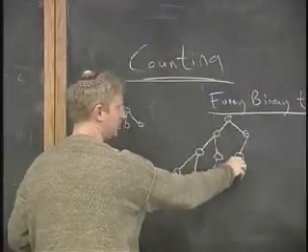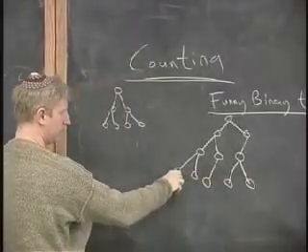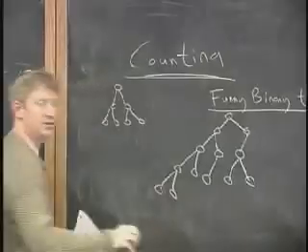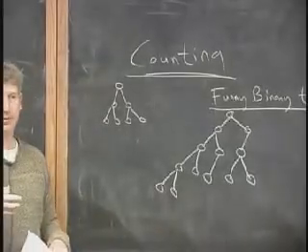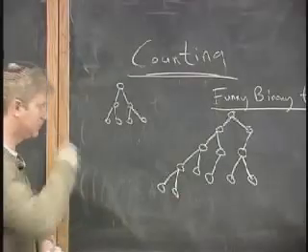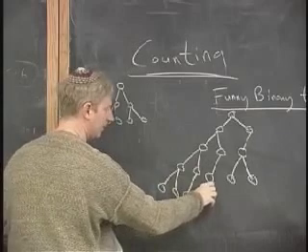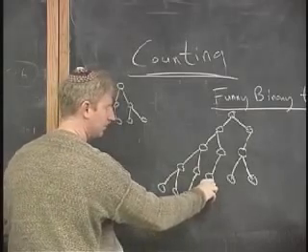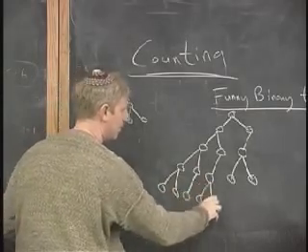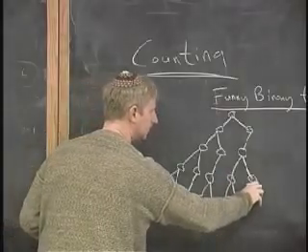What about here? Let's do a couple more layers. Do you see how this graph is defined inductively? I describe how the next stage comes from the last stage. 2, 1, 2, 1, 2, 2, 1, 2, 2, 1.